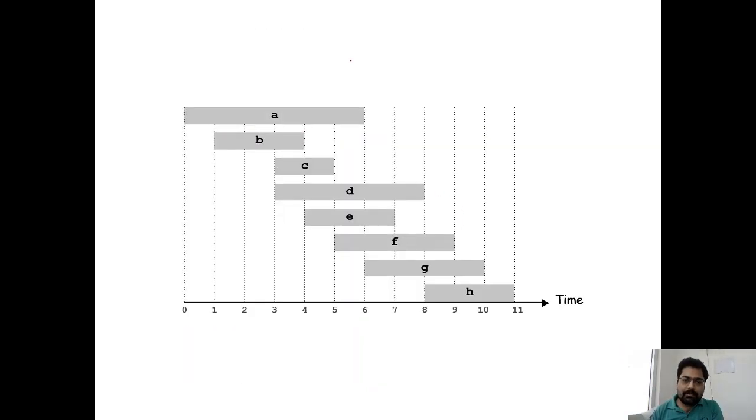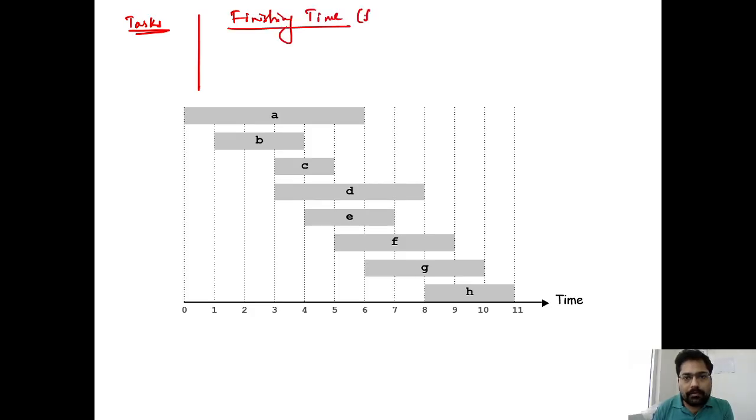So the finishing time of A, I'm just writing the finishing time. Here the tasks I'll keep, and the finishing time I'll keep, a small f, I'm writing it. Tasks means J. Here f of J, anything you can write.